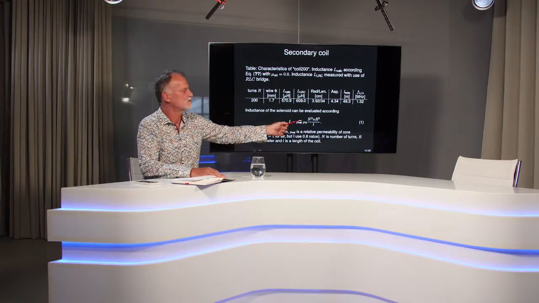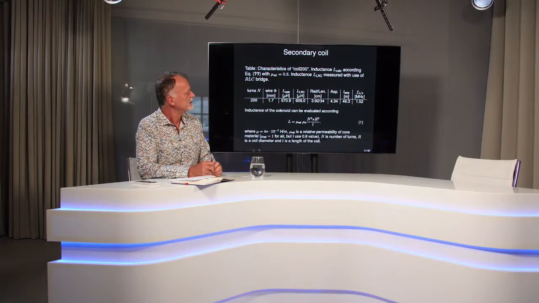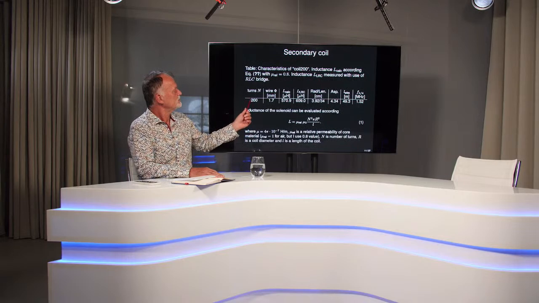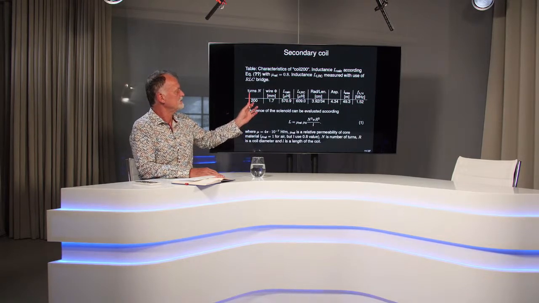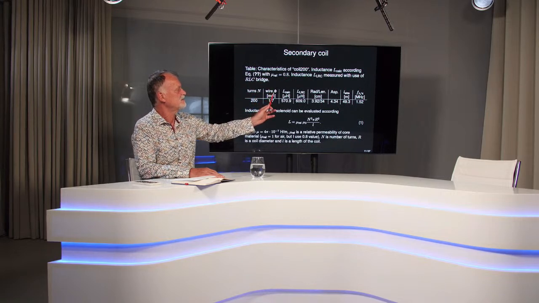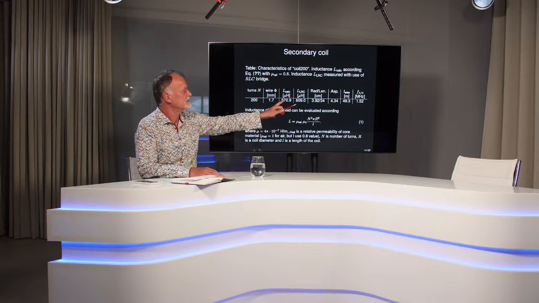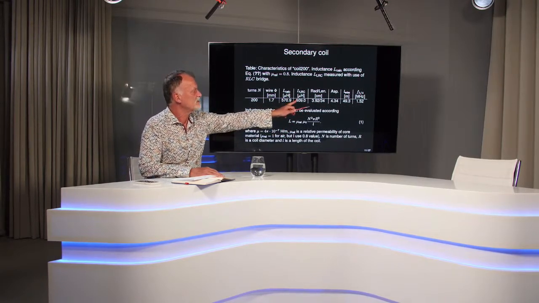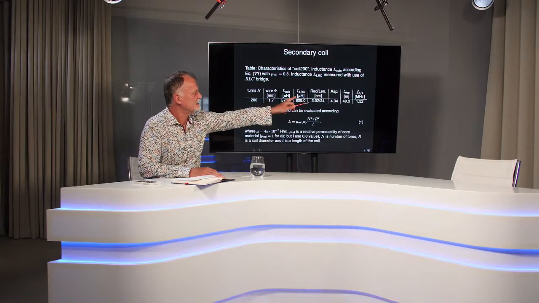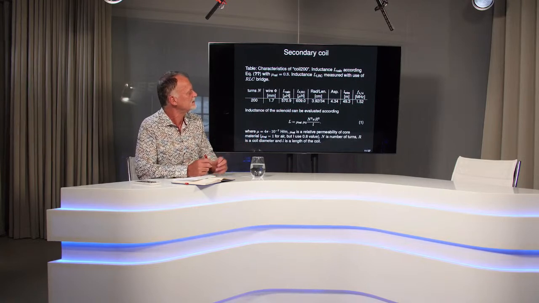This is a very simple calculation for the solenoid coil, and in this table I summarize the main properties of that coil. We have 200 turns, a wire diameter of 1.7 millimeter, and a calculated inductance of 570 microhenry. What we measure with the LRC bridge is 609, so very close, very nice.